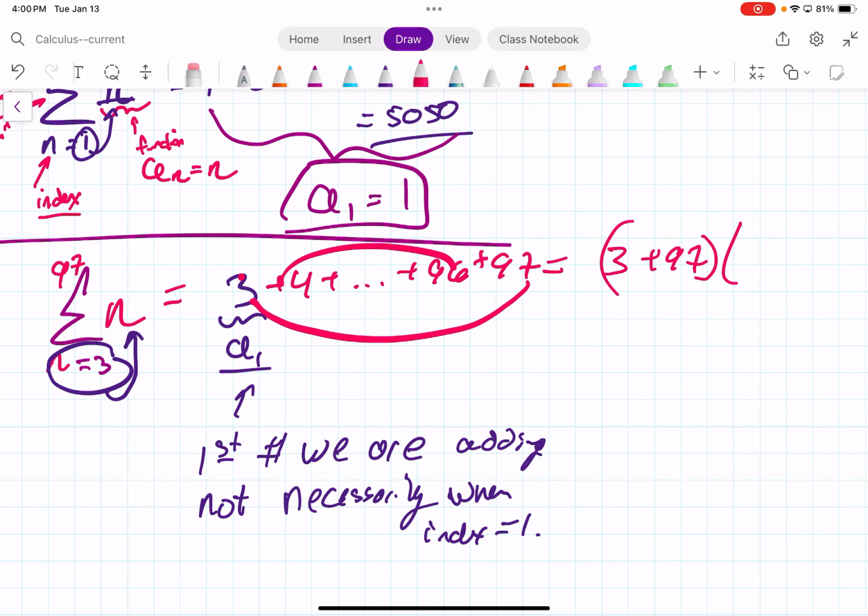So I would just need to be able to count that carefully. So from 3 to 97, how many numbers is that? Is it 94? Is it 95? Well, 3 is the first number. So how many numbers would 3 to 97 be?